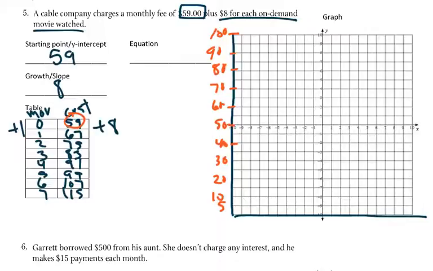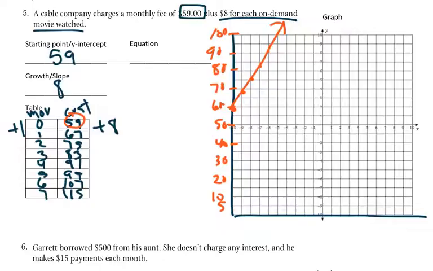Okay, so we start at 59, which would be right about there. And then every time we go to the right one, every time we watch another movie, we're going up $8 more. So it'd be to 67. The next time we watch a movie, up more to 75. Watch another movie, up to 83, then 91, and so on like that.